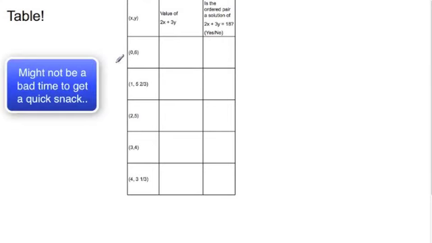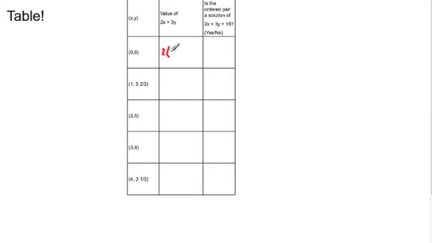Let's take a look at a table here. You can go ahead and copy and complete this table on your own, or you can go ahead and watch me. But what I'm going to do is check these different points to see if they're a solution of the line 2x plus 3y equals 18. So first I have some points over here. Then I'm going to see the value of 2x plus 3y.